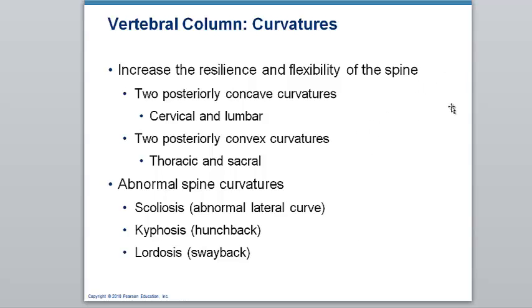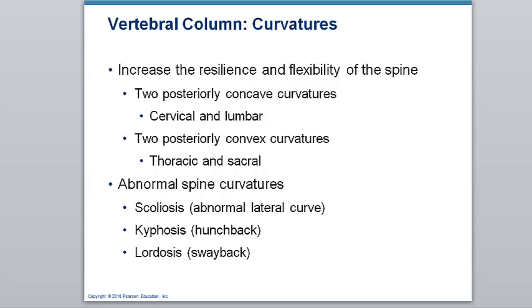That's hunchback, kyphosis. Lordosis is sway back, especially in a pregnant woman. You can see how she moves backward a little bit to balance her weight. Or if a person is overweight and has too much weight in the abdominal region, they also kind of sway back. So that's why it's called a sway back or lordosis. Okay, so those are the abnormal spine curvatures.